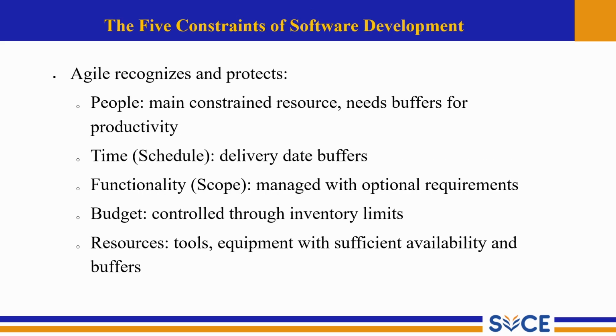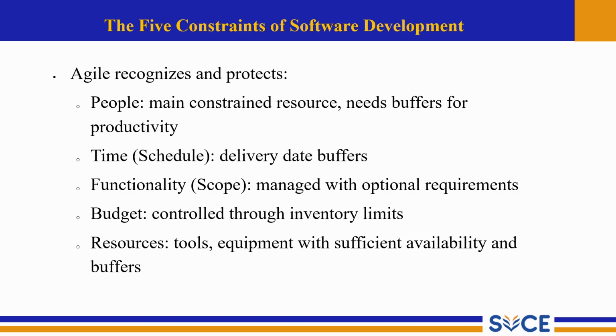And next one, the 5 constraints of software development. Agile recognizes and protects the 5 constraints, that is people, time, functionality, budget, resources. These are the 5 constraints of software development.